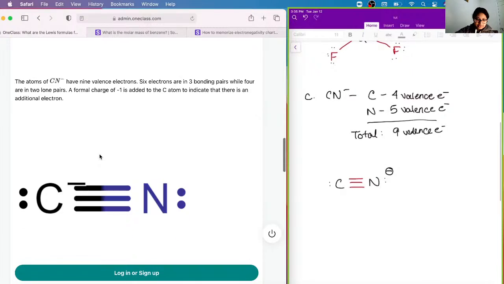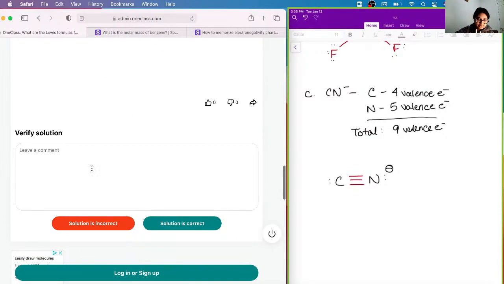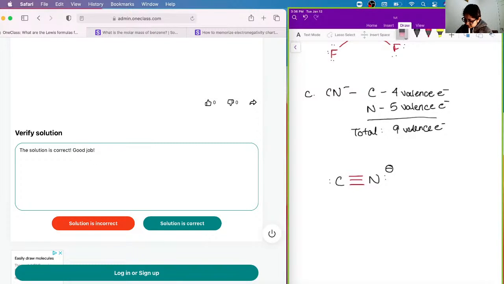And the last one would also have a negative. Actually, I think to make it more stable, it would be on the least electronegative atom.